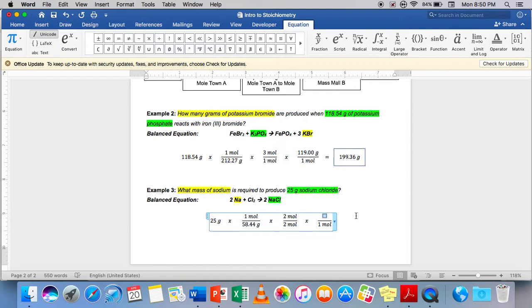Molar mass of Na is 22.99 grams. So once I do that, I am now ready to input everything into my calculator. I would do 25 divided by 58.44 times 2 divided by 2 times 22.99, and I would get 9.83 grams.